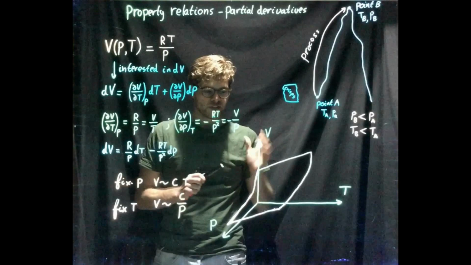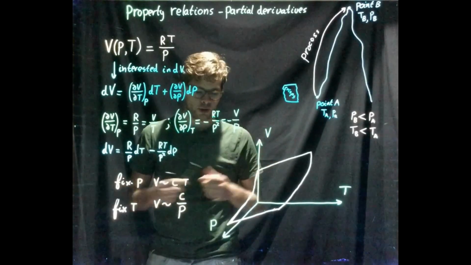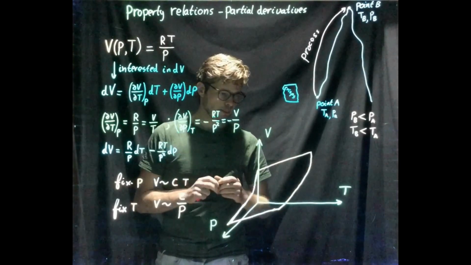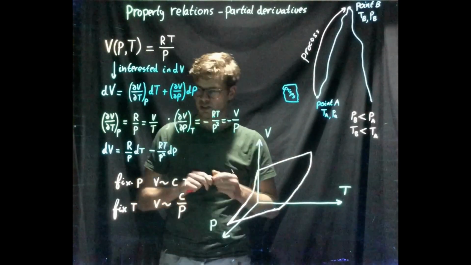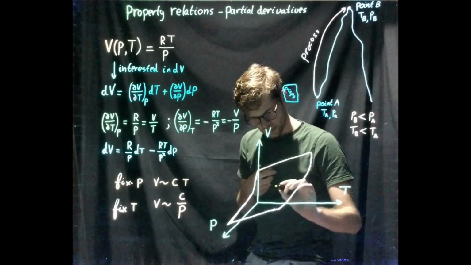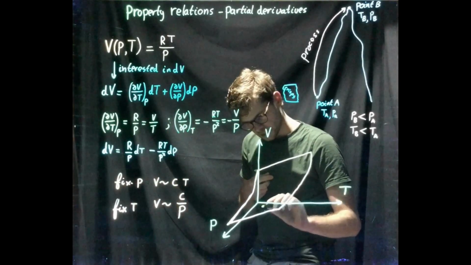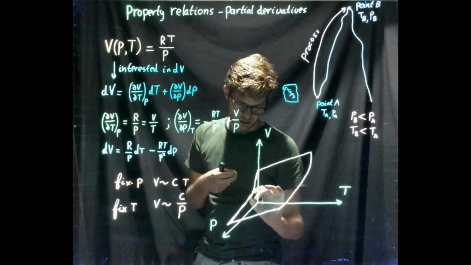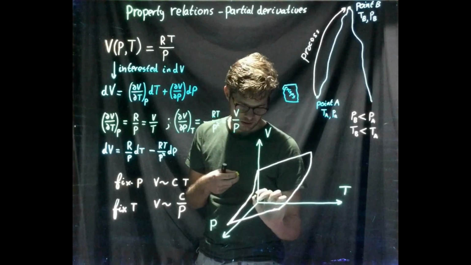Now I'm interested in the behavior at some point in my diagram, at some temperature and some pressure. At first I'm very interested in what happens for a specific pressure, and let's say that's this pressure.